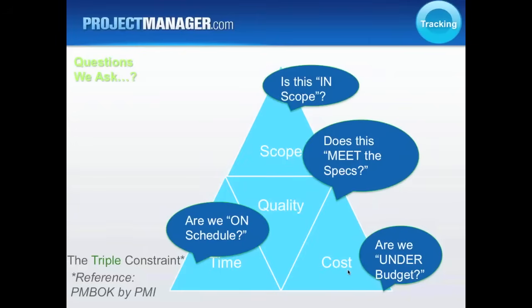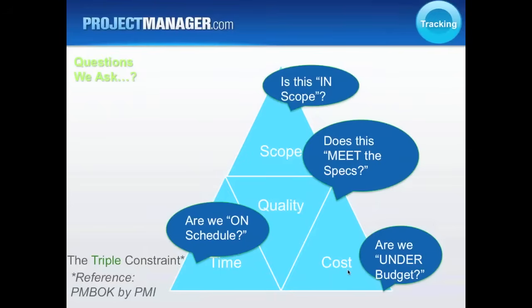Under quality, always look at, does this meet the specs? Because at the end of the project, the stakeholders, the clients, the customers, whoever's paying for this project has the authority to approve what's been done. So you want to be asking these questions all along the way so we don't get to the end of the project and find out that the deliverables being produced do not meet specs.